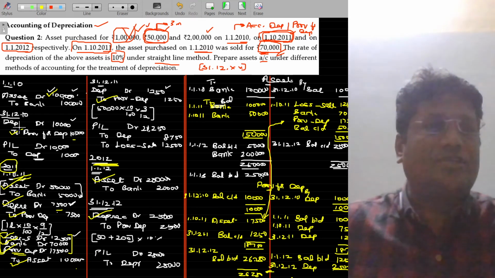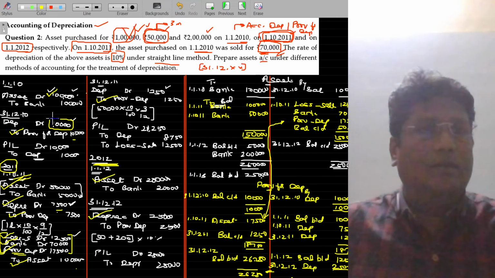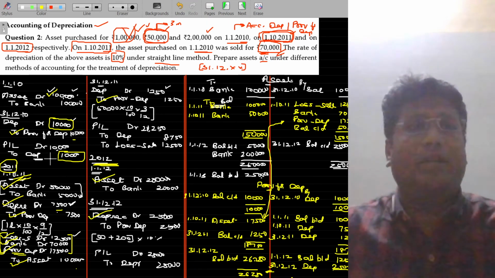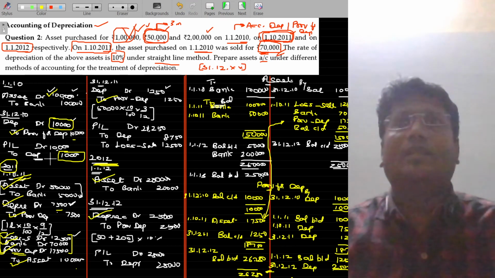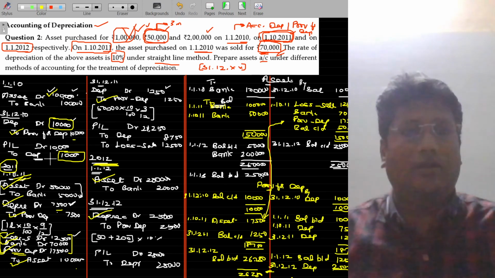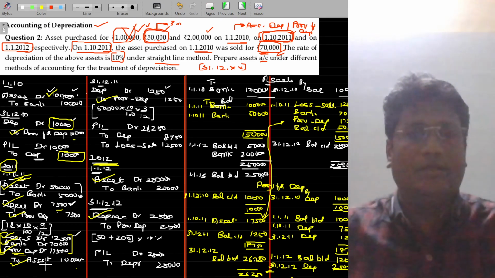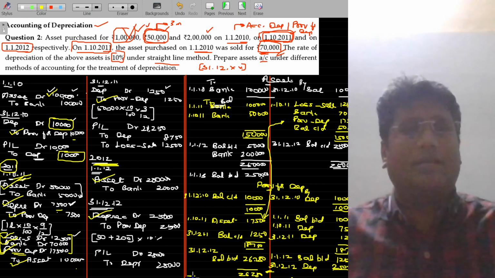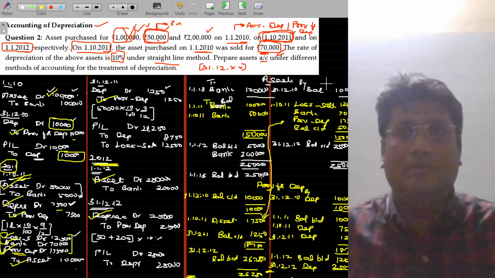If you open the depreciation account, this will be in the debit side, and the same will also appear on the credit side as by P&L account. It will be automatically eliminated. So year on year we don't have any balances in depreciation. It will be automatically tallied. You need not worry about that. So now I have explained the provision for depreciation method to solve the same illustration. Make a note of it.